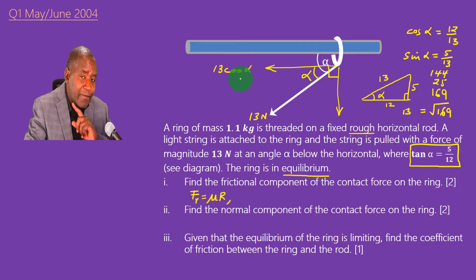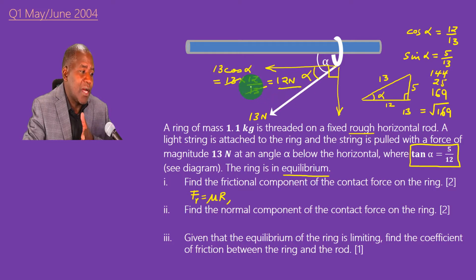cos alpha. Now let's see how I get that. 13, look at cos alpha. It is 12 over 13. See how easily they cancel out to give me a very simple answer. See that? They cancel out very, very easily.